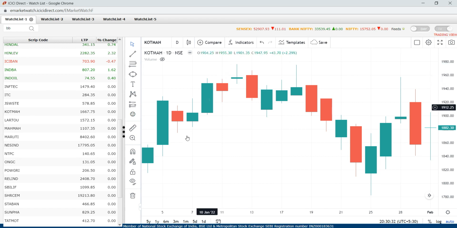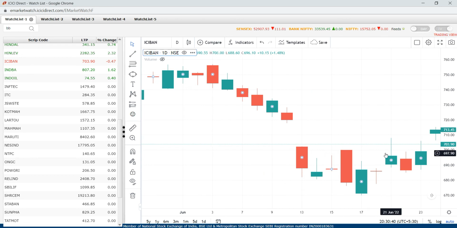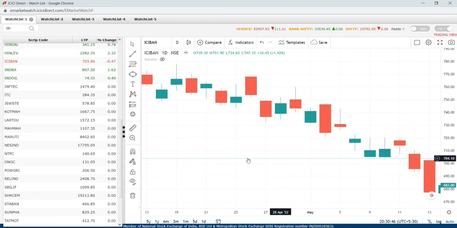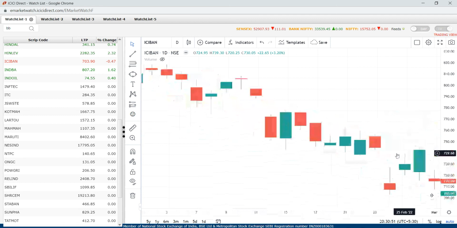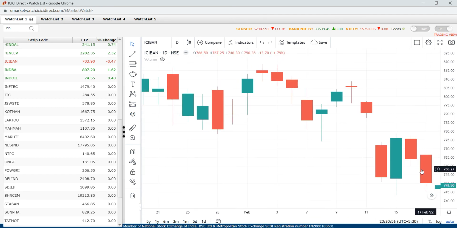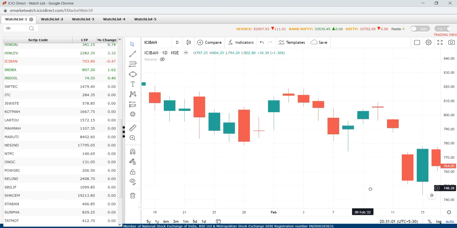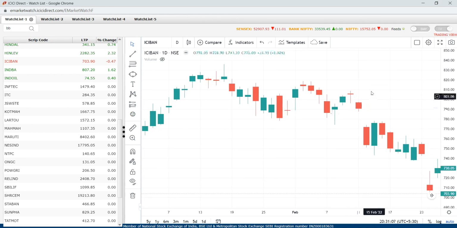So let's analyze one more stock to find an evening star. Let me take ICICI Bank and see if we can find any good trades on it. Yes, this also you can consider as an evening star. I'll tell you why.